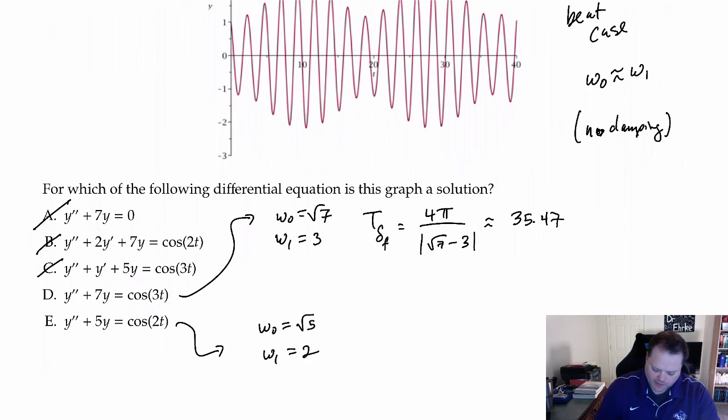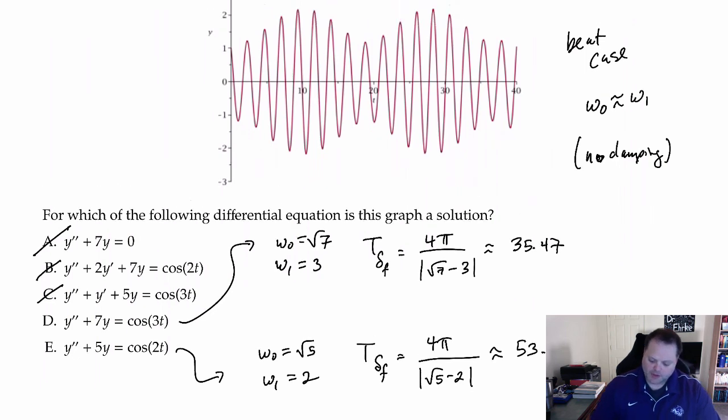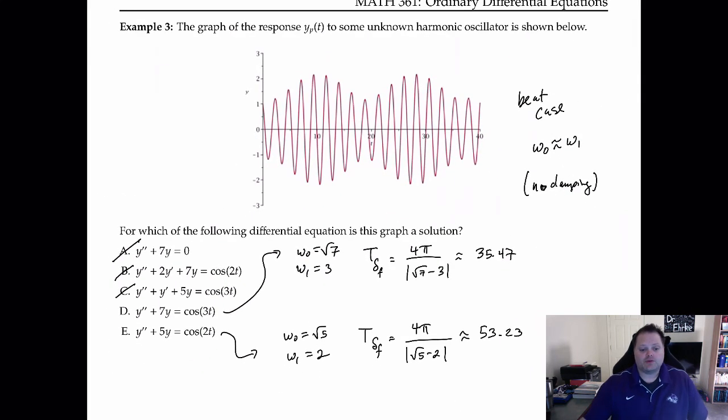The forcing function frequency is 2. So the period of the beat here, I'm getting 53.23. And that's much too big. So out of the two of these, the only one that's even close, the only one that we could make a case for is 35.47.